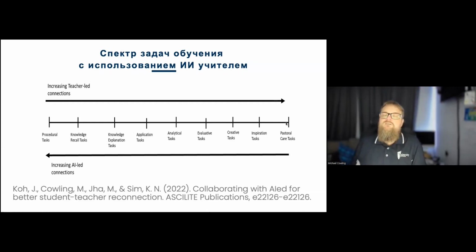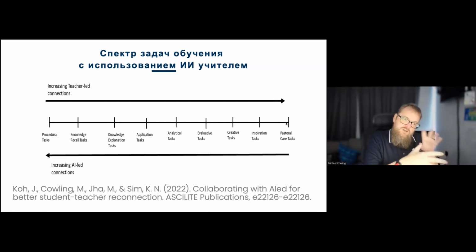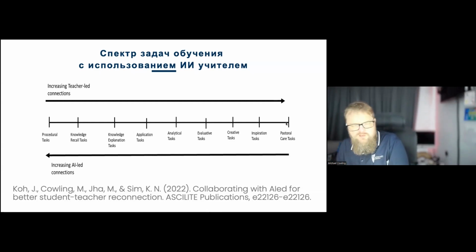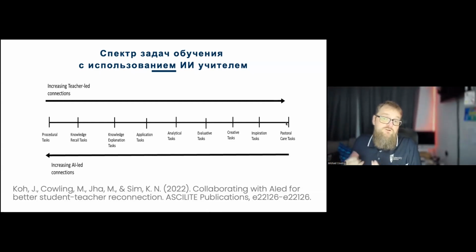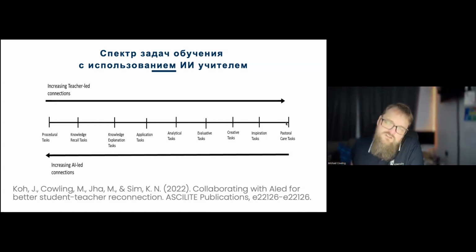And Josiah's argument is that what we should do is we should mix together both. And we should recognize what the tool is good for, and we should design tasks that involve knowledge or procedure to incorporate generative AI, and tasks that involve inspiration or creativity to not incorporate generative AI.